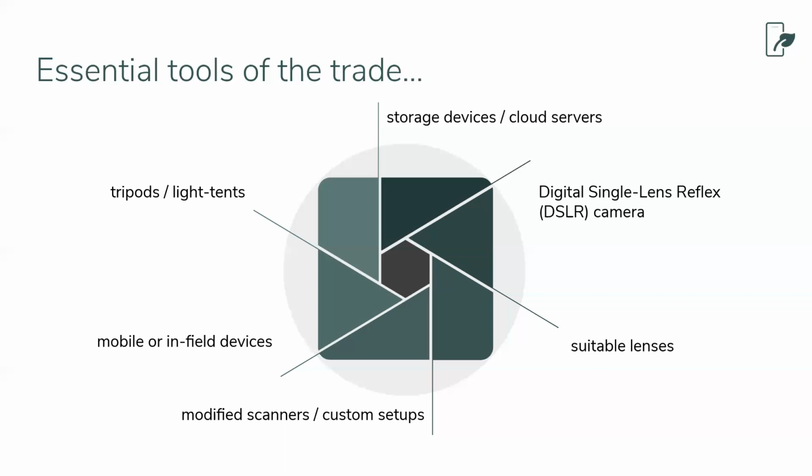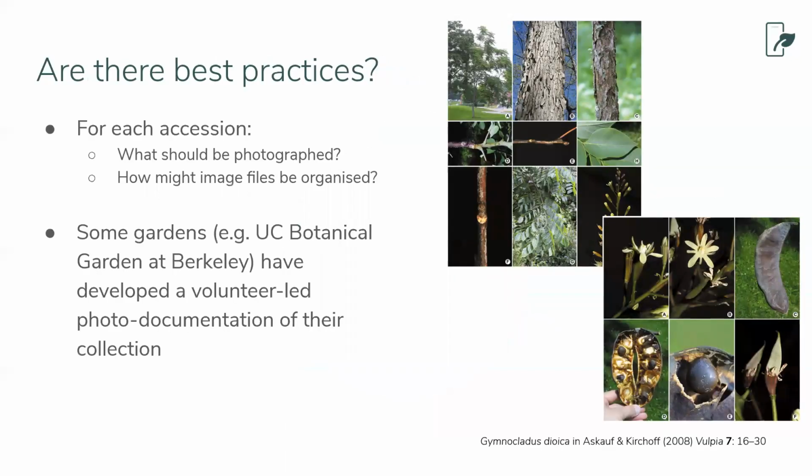So when it comes to best practices, for each accession, what should be photographed and how should images be organized in your collection? Well, interestingly, there are gardens out there that have developed protocols for this particular purpose.